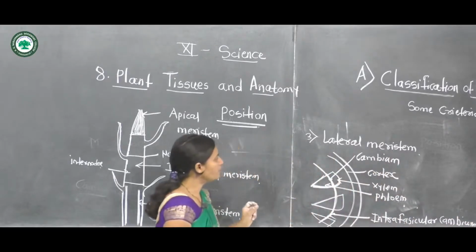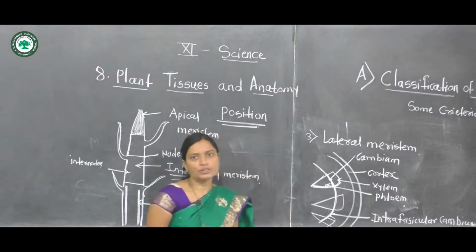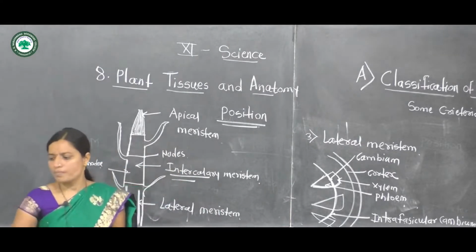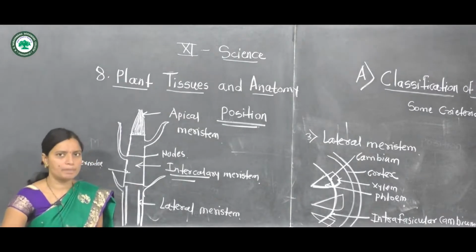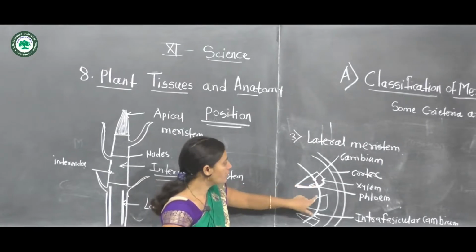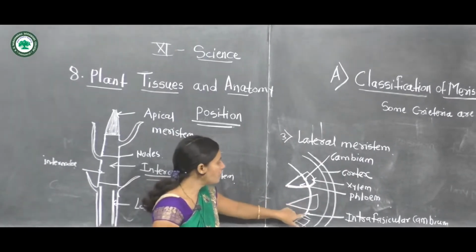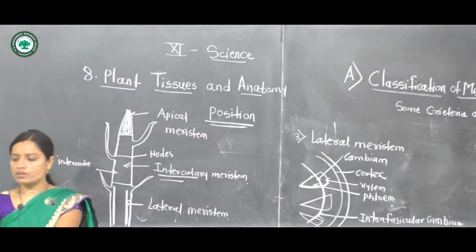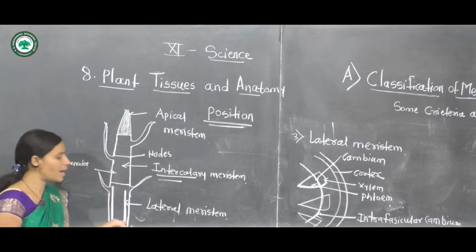This is the position of the lateral meristem in the plant body, at the cambium region of the root and shoots. The lateral meristem is found in this cambium region, and also the interfascicular cambium, which is present in between the fascicular bundles. The most important function of this lateral tissue is in the bark cells.